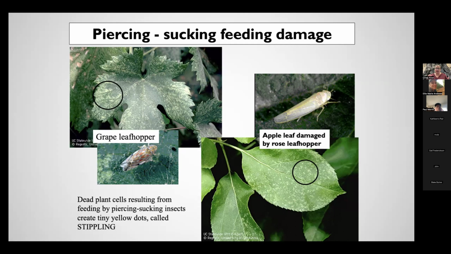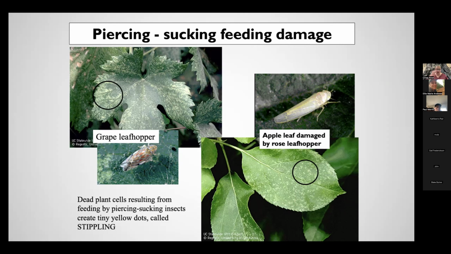It's where an insect with piercing-sucking mouthparts put its mouthpart into the plant material and sucked out all the chlorophyll, which causes the green color. And then now you have all these little random white marks throughout the leaf. Dead plant cells resulting from feeding by piercing-sucking insects create these tiny yellow dots. Sometimes they're whitish if enough chlorophyll has been removed, called stippling.